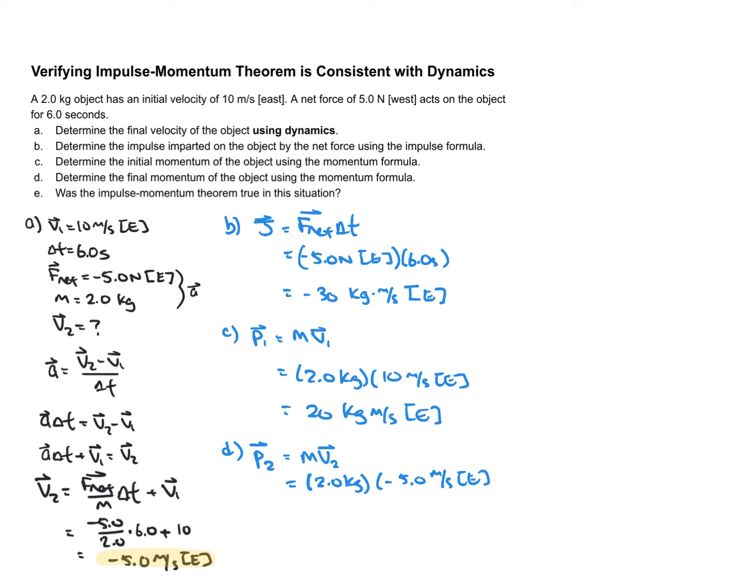That ends up being negative 10 kilogram meters per second east.